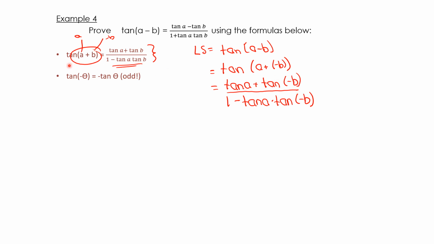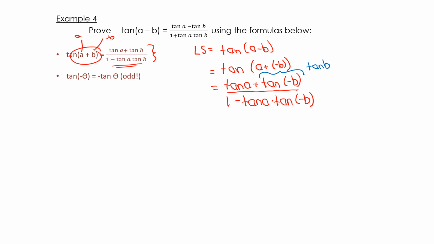But here's our second clue, symmetry. Remember our tan has odd symmetry. That means that if we reflect it horizontally, it's the same as reflecting it vertically. That's going to help me get rid of this negative here. Instead of writing tan negative b, I can rewrite that piece right there as negative.